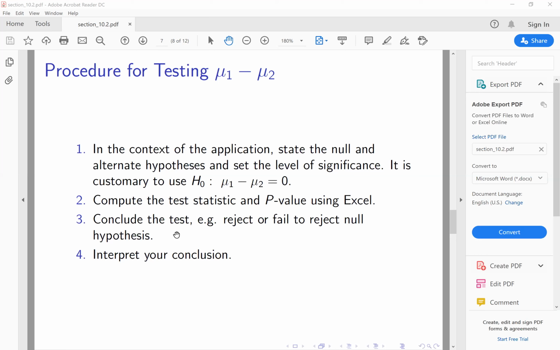The conclusion is the most important part because that is the part that your boss is going to want to know someday when you investigate the data. They want to know what's the takeaway for them, not the details in the middle, whereas I want to know all of it from you. So we're actually going to be computing these using Excel, because the formula for doing this is pretty terrible otherwise.